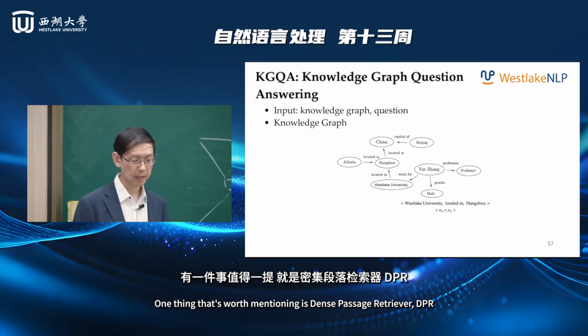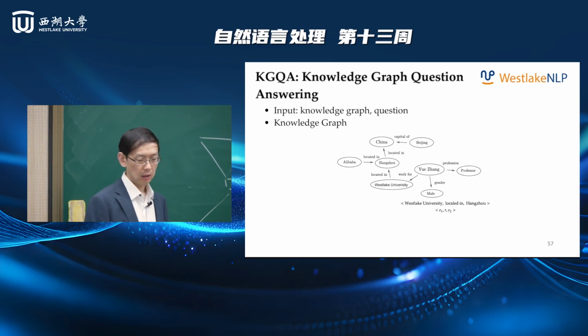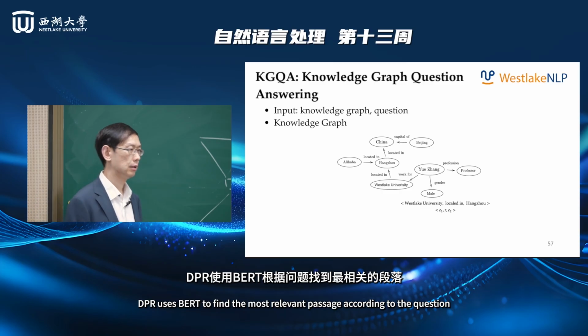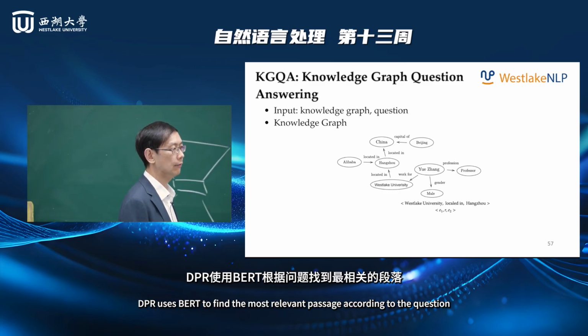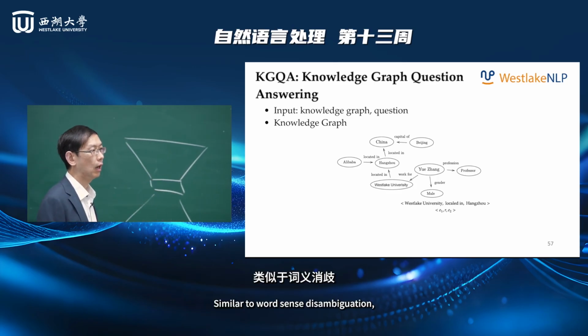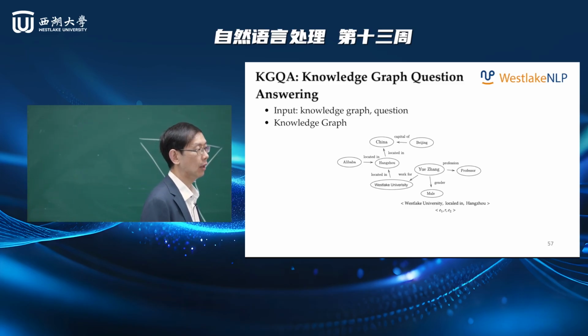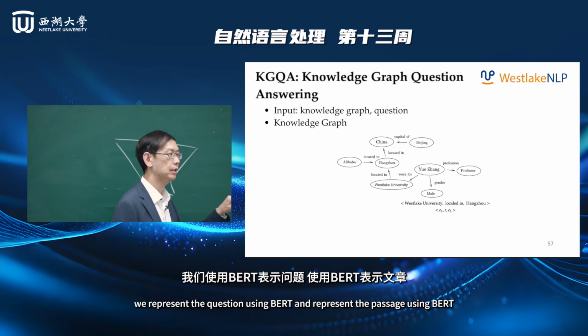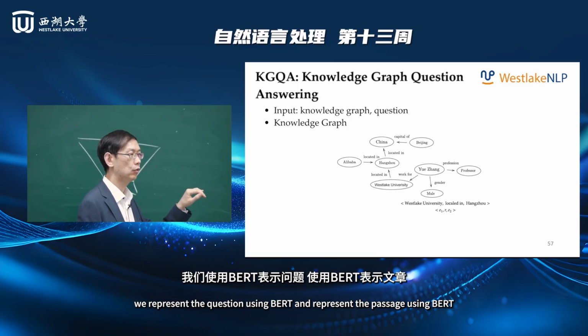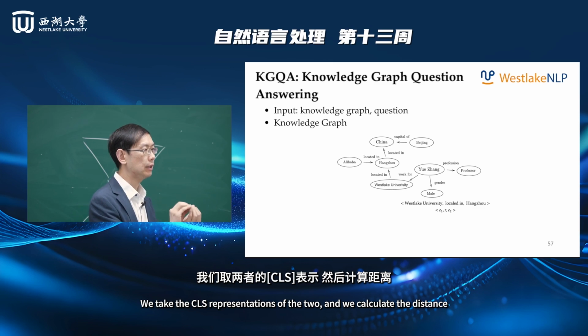One thing that's worth mentioning is dense passage retrieval, DPR. DPR uses BERT to find the most relevant passage according to the question. Similar to word sense disambiguation, we represent the question using BERT, and we represent the passage using BERT. We take the CLS representations of the two, and we calculate the distance.